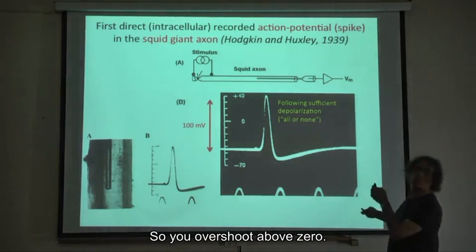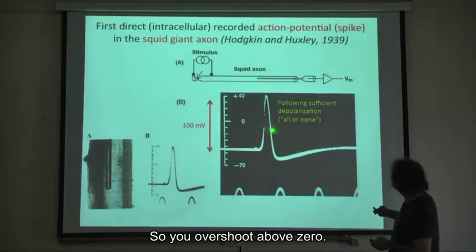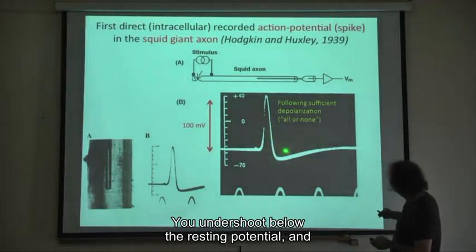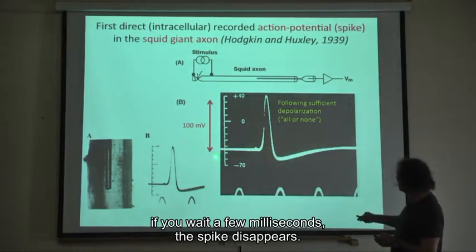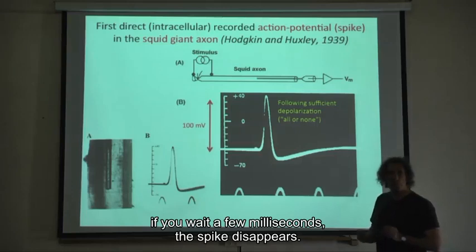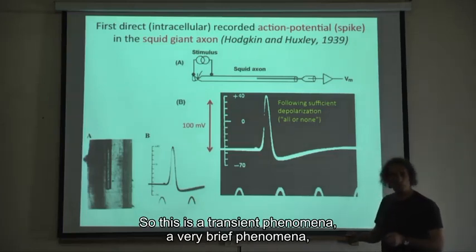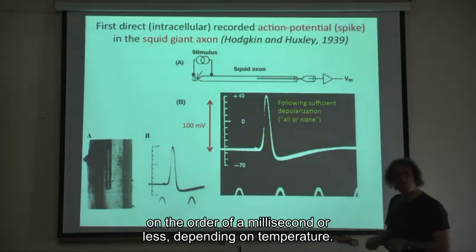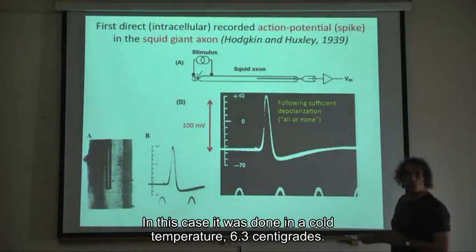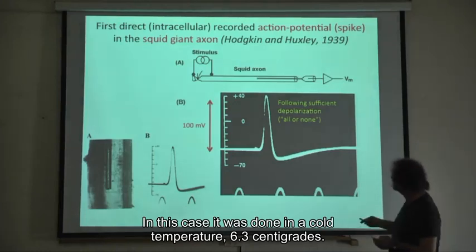So you overshoot above zero, you undershoot below the resting potential, and if you wait a few milliseconds, the spike disappears. So this is a transient phenomenon, a very brief phenomenon, on the order of a millisecond or less, depending on temperature.